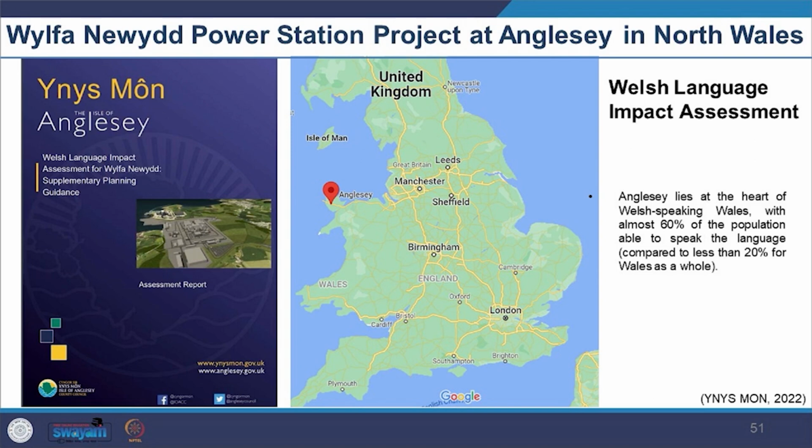It is one of the nuclear power stations built for the UK, and Anglesey lies at the heart of Welsh-speaking Wales. So it's a Welsh-speaking area, and here almost 60% of the population speaks this language, and proportionately very few people are non-native speakers here.